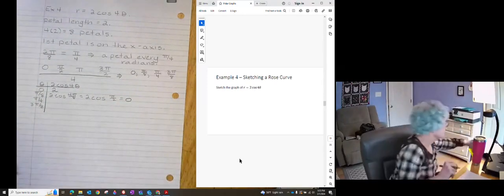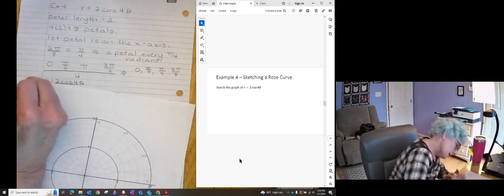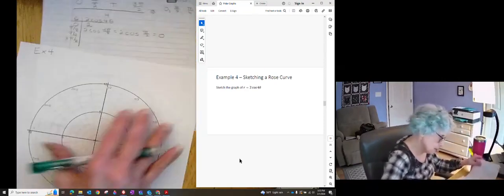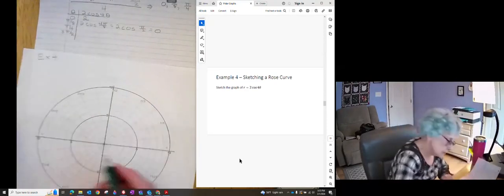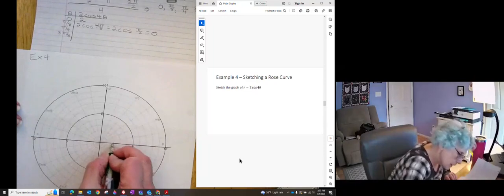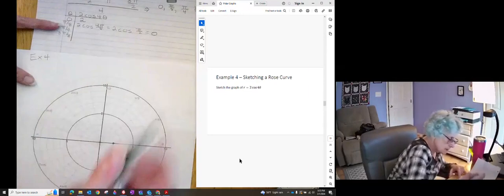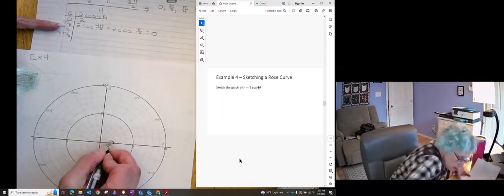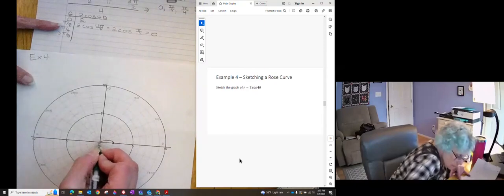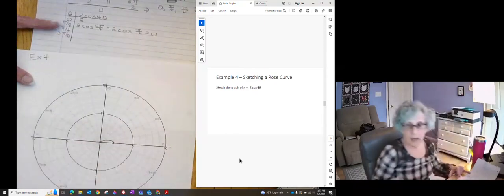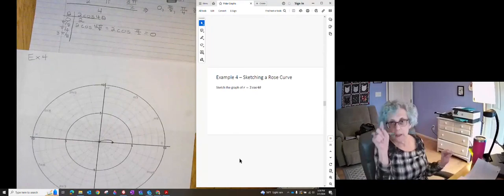So I'm going to go ahead and get my graph paper up. Here's 2, and by the time theta gets to pi over 8, I'm back to 0. I made the little top half of a petal.